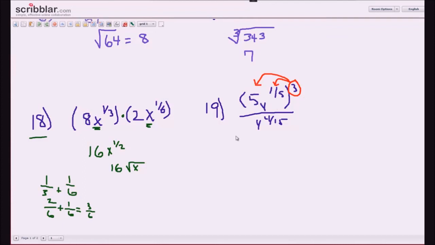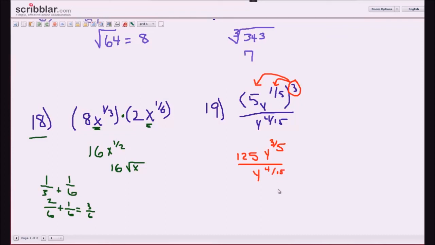So we can do 5 to the 3rd power, and we know from above that that's 125. Rules of exponents: 1 over 5 times 3 is just simply 3 over 5. And that's going to be over y to the 4 over 15.